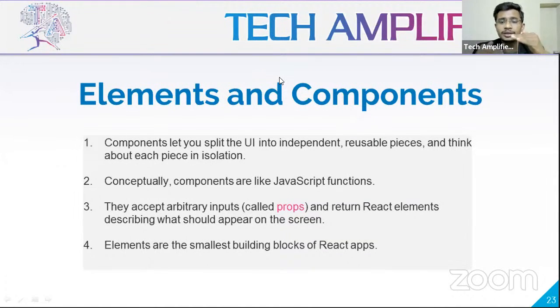But if we have something at a larger level, where there are multiple elements inside a wrapped structure, that is called a component. Let's understand what a component is from the notes I have created for you. Components let you split the UI into independent, reusable pieces, and think about each piece in isolation. That is not something you should worry about.